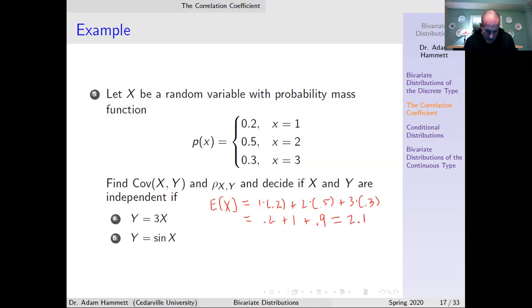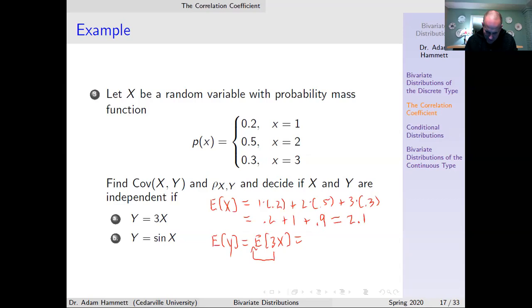Okay, 2.1. And what about the expected value of Y? Well, that's pretty easy. You just plug in what Y is in terms of X, so that's 3X. If we just pull out the 3, because after all the expectation is linear, it's going to be 3 times the previous guy, right?